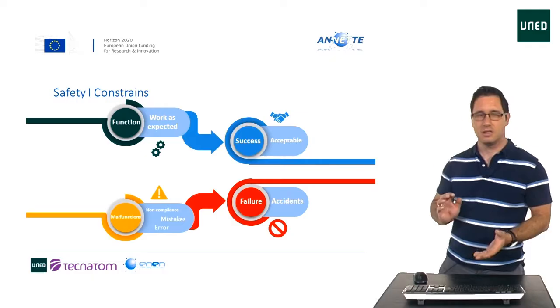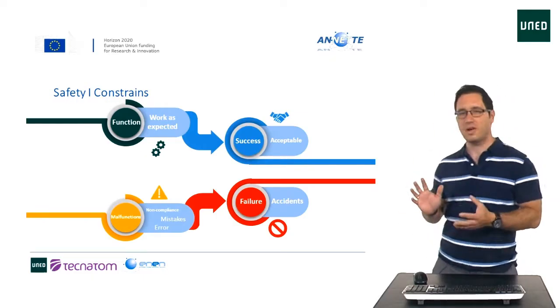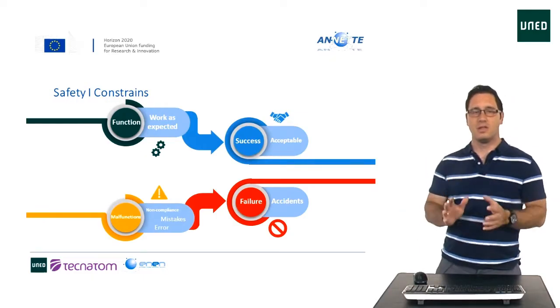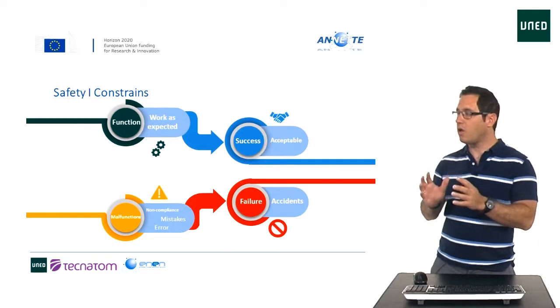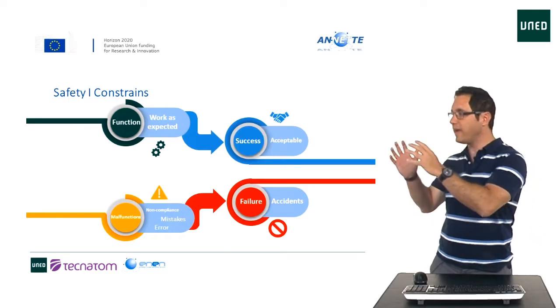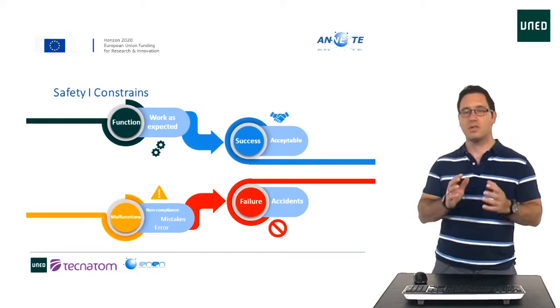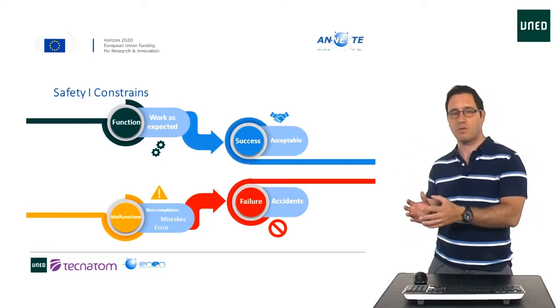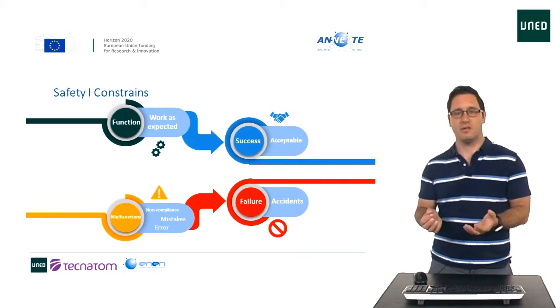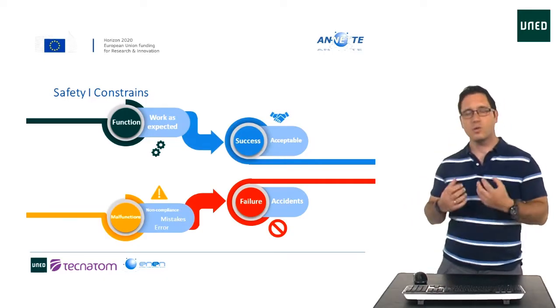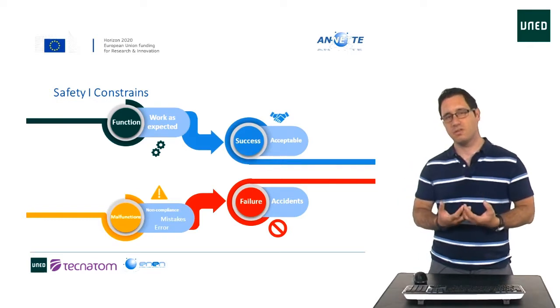So basically, since the beginning of human factors, the action has always been to wait until there is a failure and then investigate what happened in order to discover why things went wrong. So it's negative. Once again, we are trying to define something that is positive.